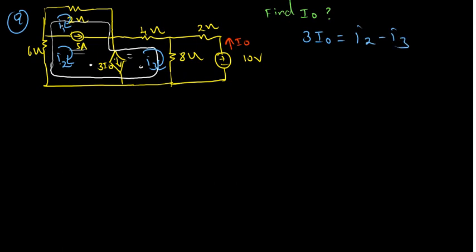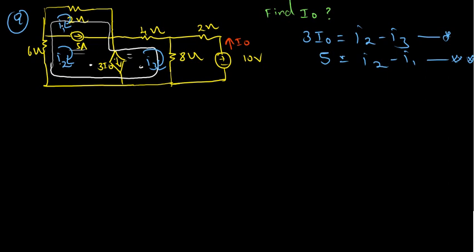And here, 5 amps is equal to I2 minus I1. Here is the first star and here is the second star, and we have 4 unknowns. We need 4 equations, so 2 more equations are coming.